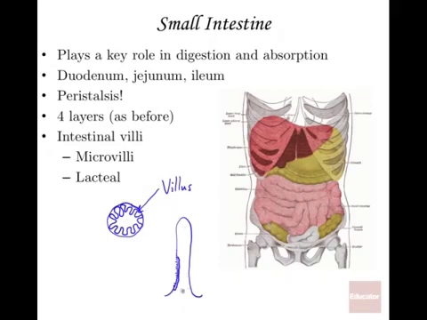In each of the villi, and microvilli are on the border, you're going to have blood flow. Of course, blood flow coming into here. That's how you get it into your bloodstream. The nutrients enter the bloodstream and then are delivered to all the cells. And you're also going to have something called a lacteal. So this green projection, this lacteal, enables your lymphatic system, the immune system, to have access to these villi.